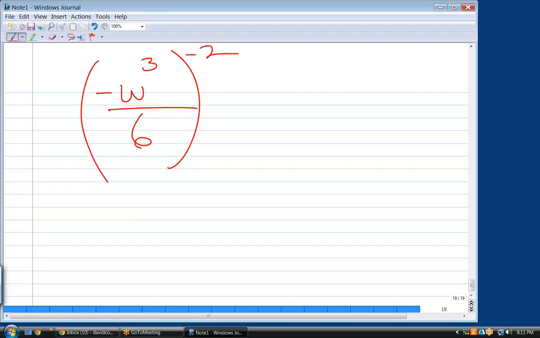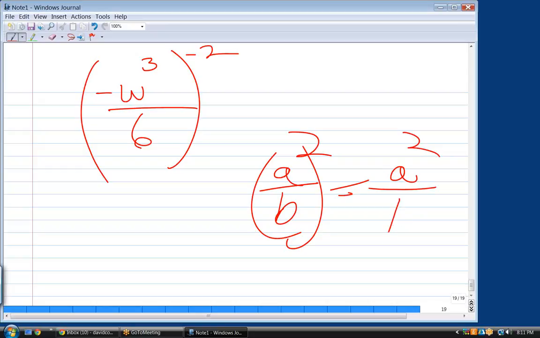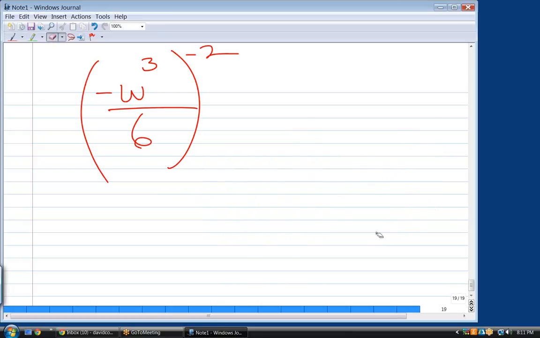The parentheses makes all the difference in the world here. If I have a over b squared, that's the same as a squared over b squared. So you apply it to both.